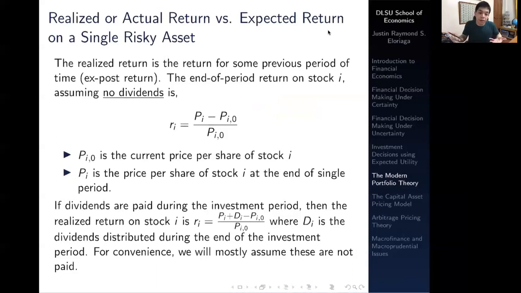Now, if dividends are paid during the investment period, then the realized return on a particular stock is just this one plus the DI term that you have here, wherein DI are your dividends distributed during that period. But while this is an important concept to learn, we're mostly going to be dealing with expected return as we have before.